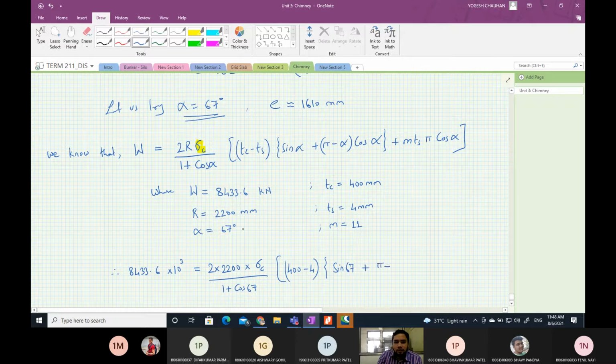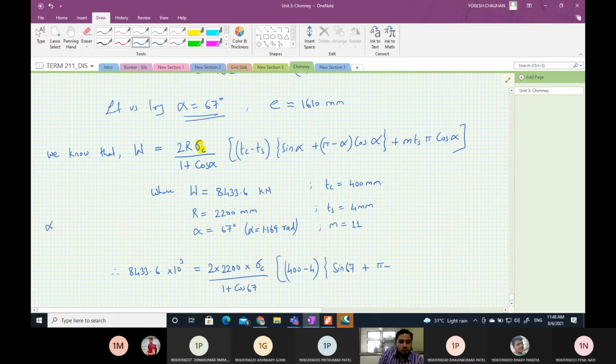Now alpha in this is in degree, so in radian alpha will be 67 into pi by 180, that will be around 1.169 radian.